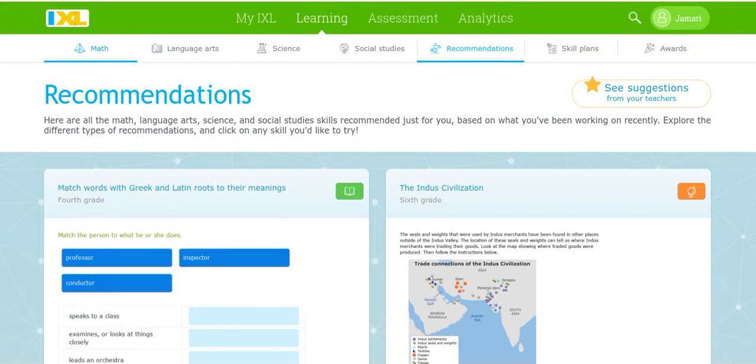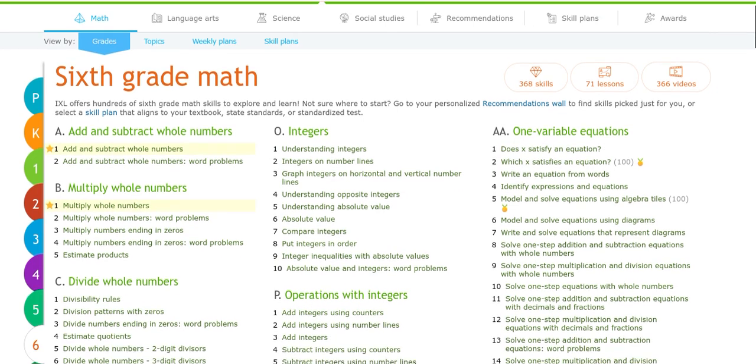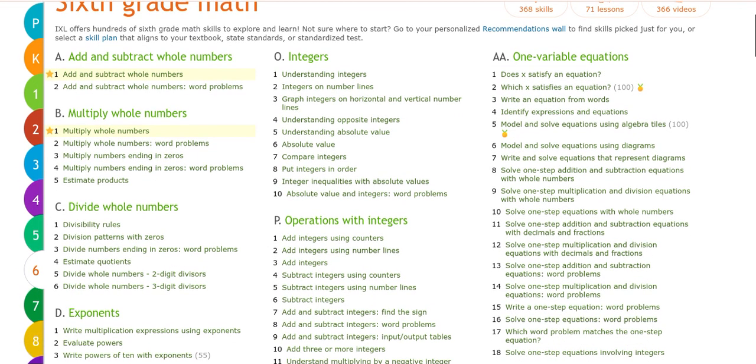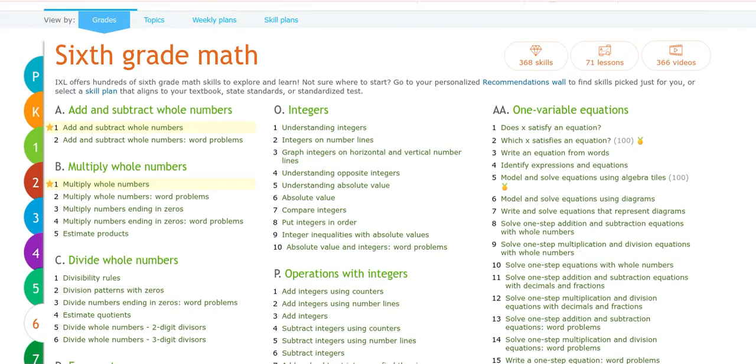Let's go to math. And we're gonna be doing 3rd grade.